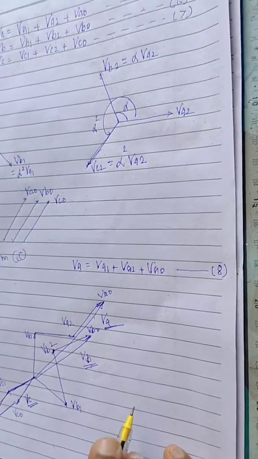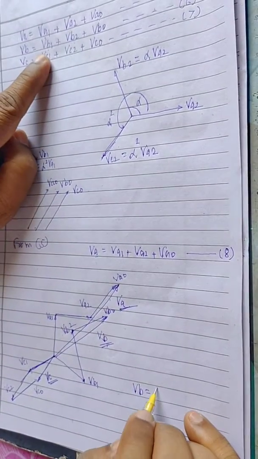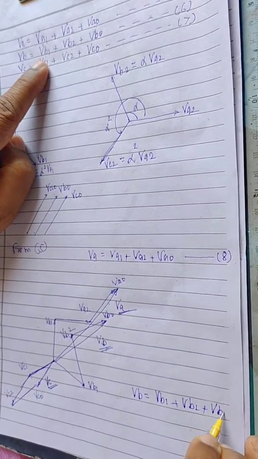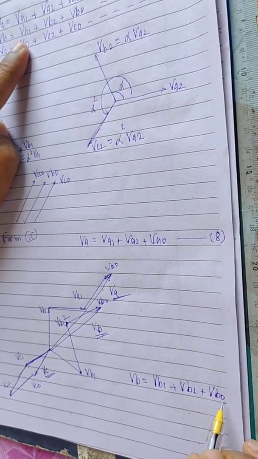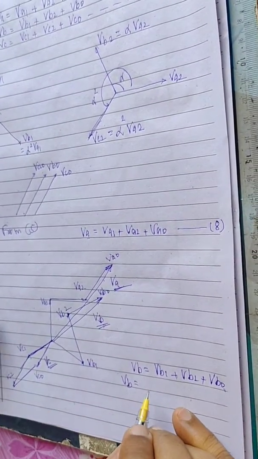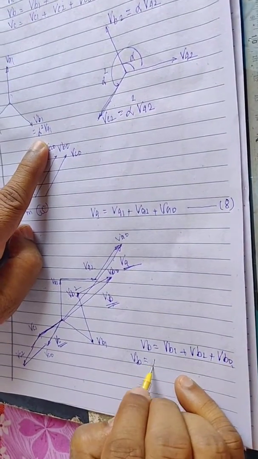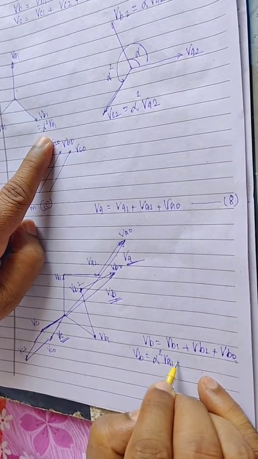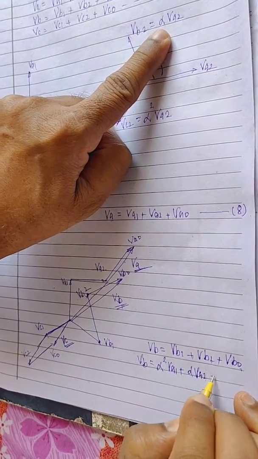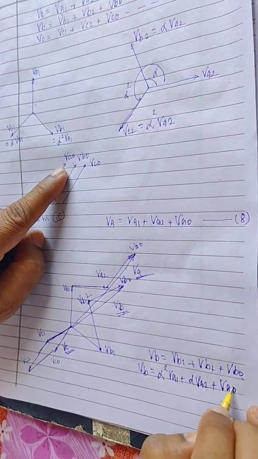Similarly for phase B, VB is equal to VB1 plus VB2 plus VB0, equation 6, and putting in terms of alpha, VB is alpha square VA1 plus alpha VA2 plus VB0, and we have seen VB0 is equal to VA0.